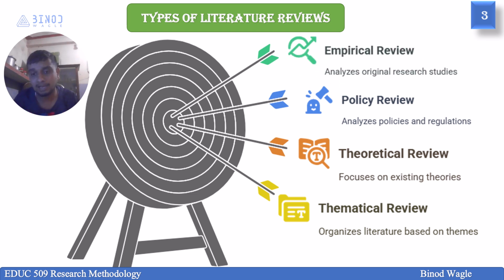It summarizes and evaluates original research studies. It focuses on the methodologies, findings, and implications of the study. For example, analyzing research articles that study the impact of digital tools on student performance.